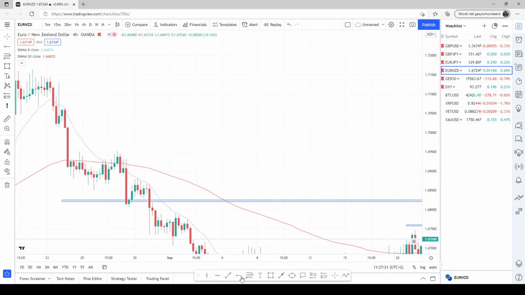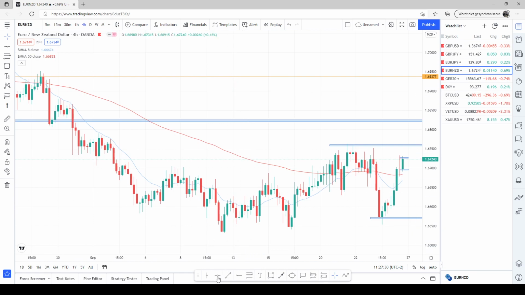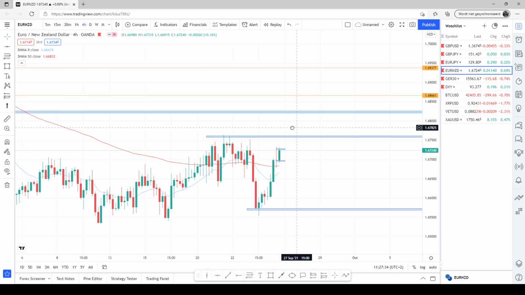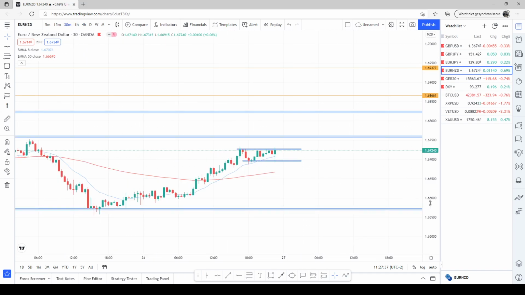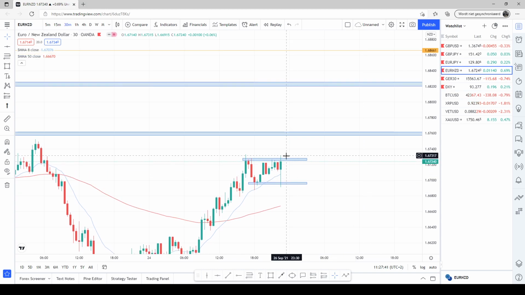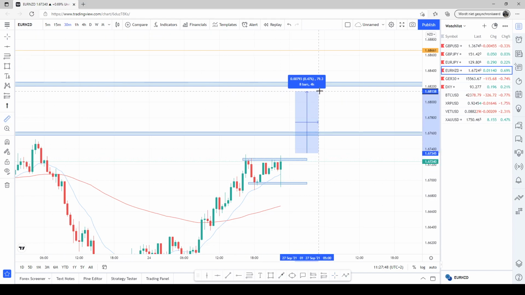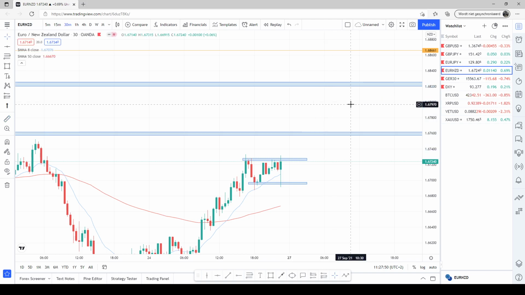So we have this area over here, this area, let's say this area. So if you manage to enter a trade over here and price continues breaking to the upside, it could be a nice 80 pip move from this area over here.